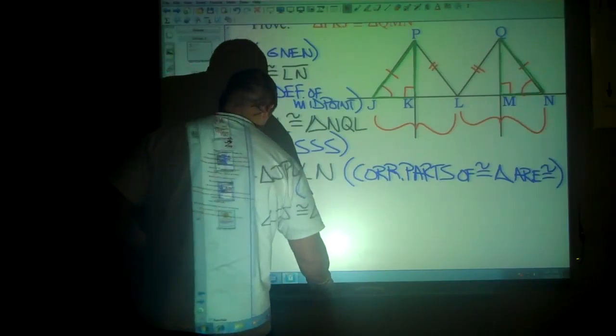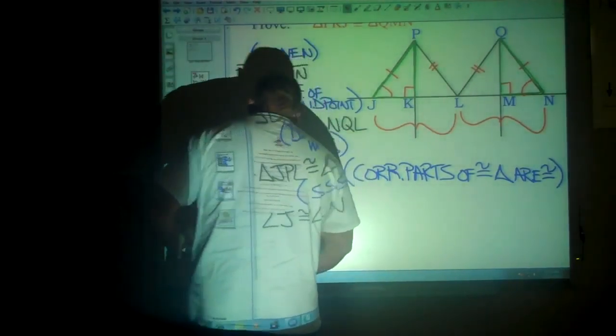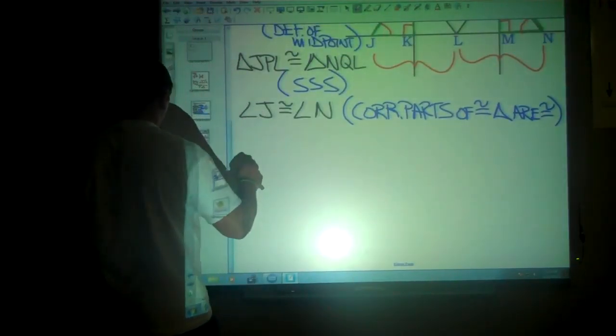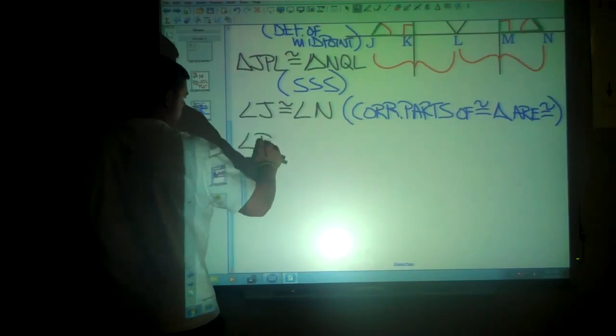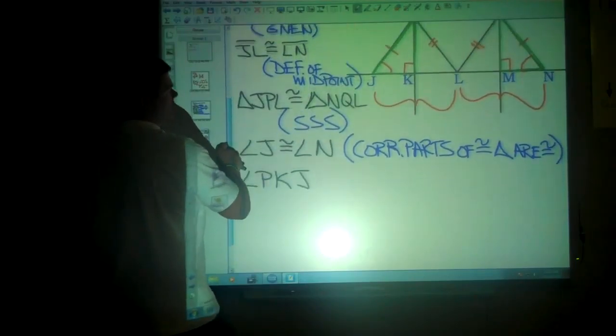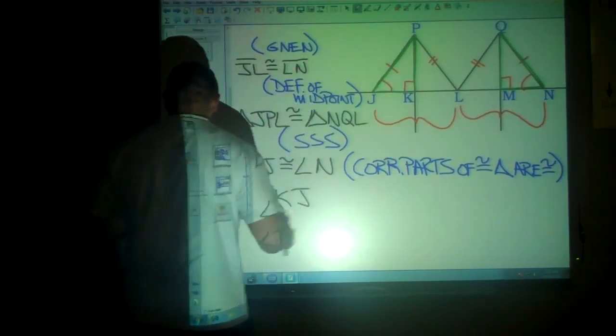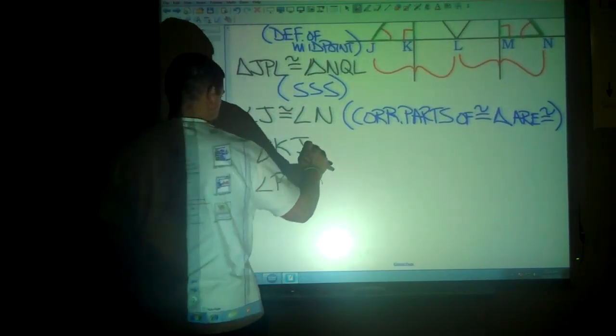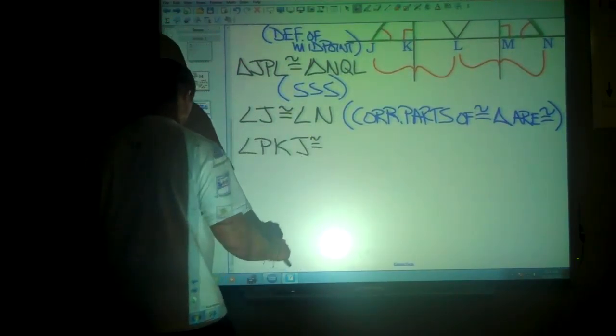The answer, getting close. Alright, move this down a little bit more. So now angle PKJ, P to K to J, remember this, right there, P to K to J is congruent to angle QMN.